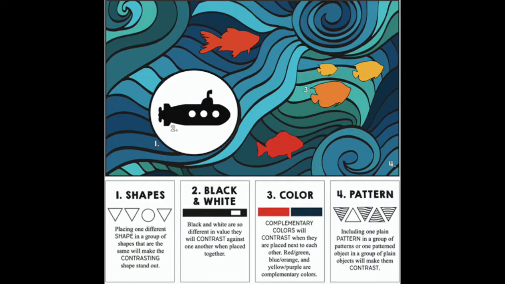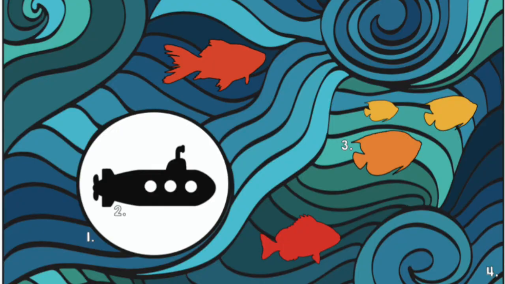So first off, we're just going to take a look at this example that they've given us. Now where it says number 1, it talks about shape. So shapes, placing one different shape in a group of shapes that are the same will make the contrasting shapes stand out.